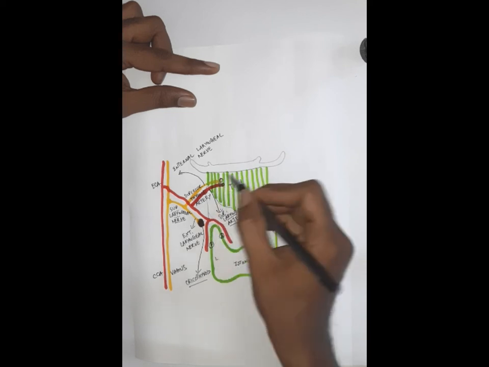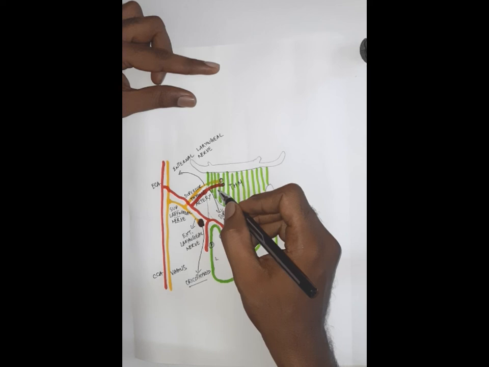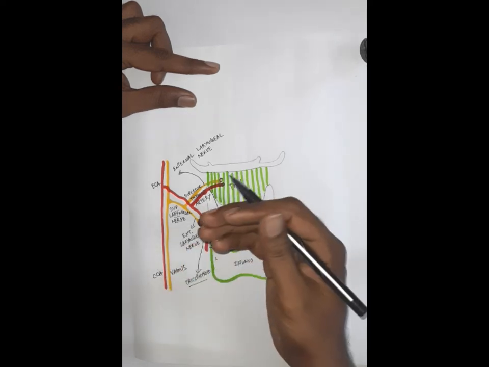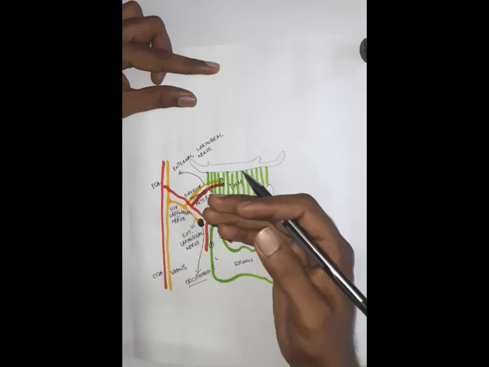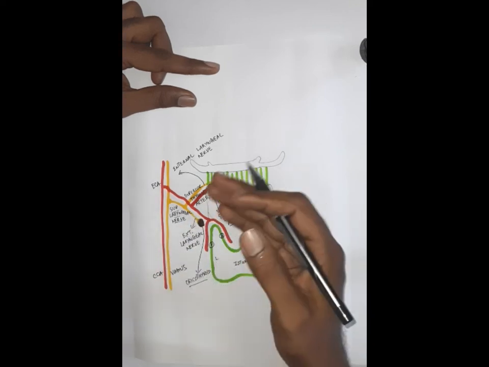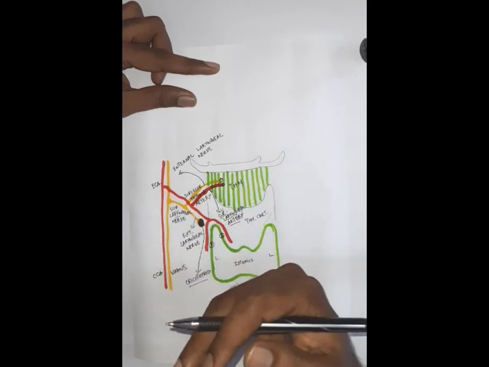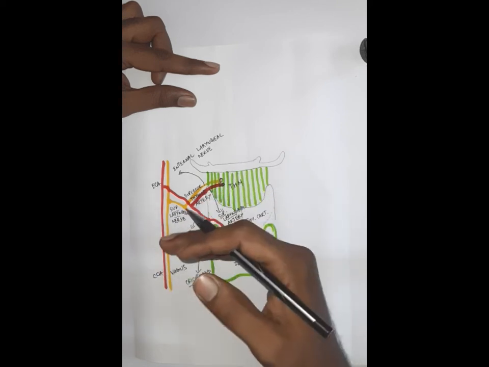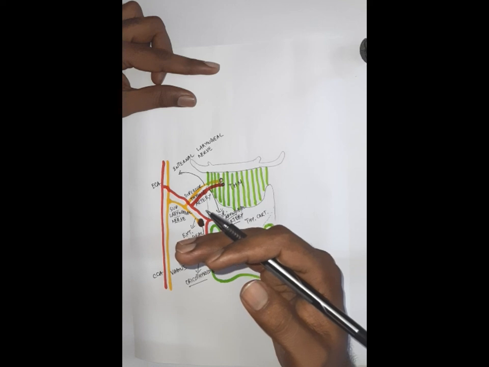So after this, it gets into the pyriform fossa and supplies the sensation. It takes the sensation from the posterior most part of the tongue, basically the region of the vallecula, and it supplies the larynx up to the level of the vocal cords. Got it?